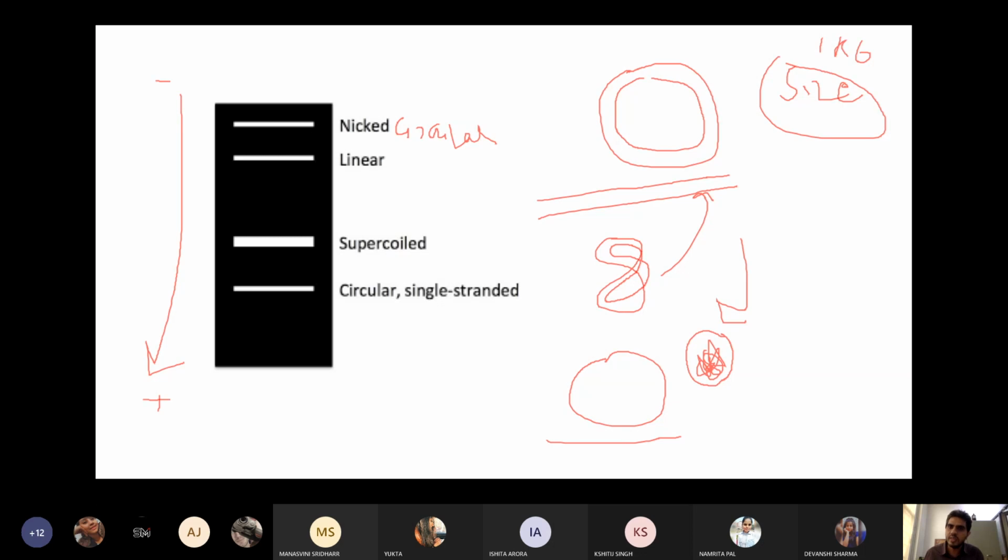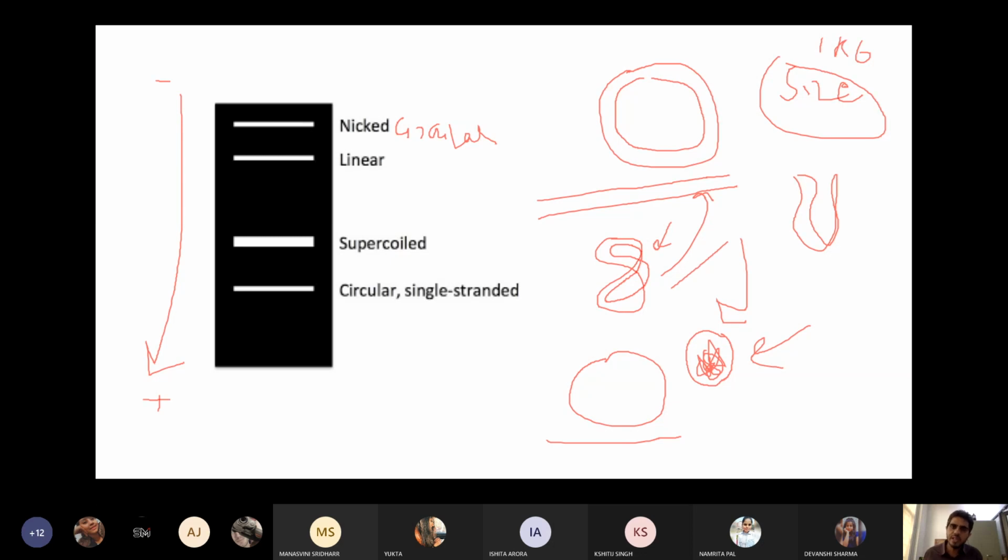Yes, it can change its shape like this, and its size becomes smaller. But as it is a double stranded one, steric hindrance is there. It can't change its shape as the single stranded one or the supercoiled one does. So that's why the linear one is moving slower than the supercoiled.